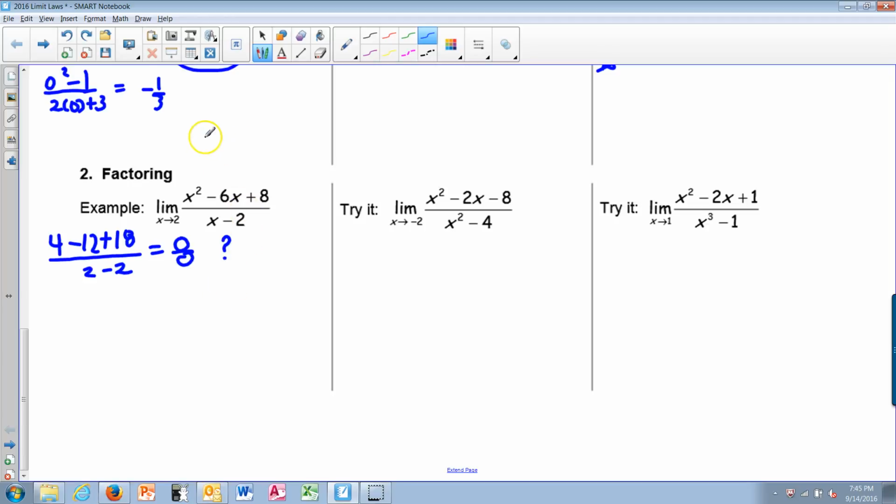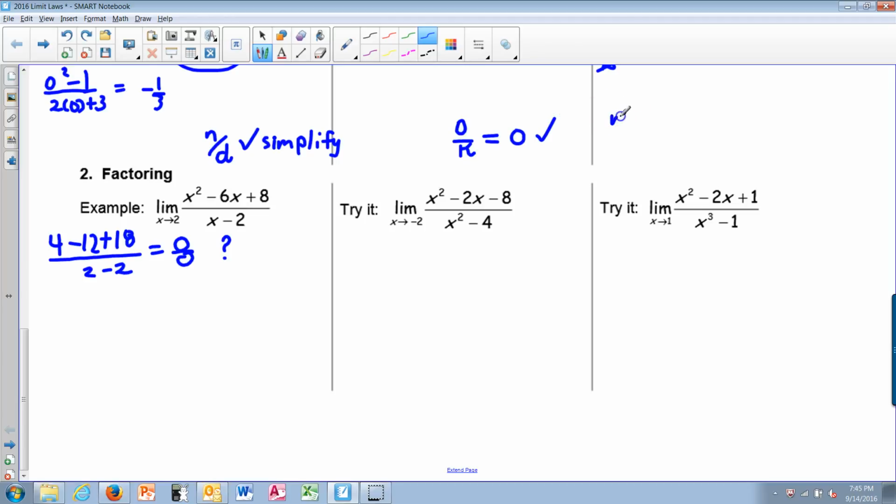So remember, if you get a number in both the numerator and the denominator, that's just your answer. Do make sure that you simplify. If you get a 0 over another number, that's okay. That answer is just 0, and you're done.